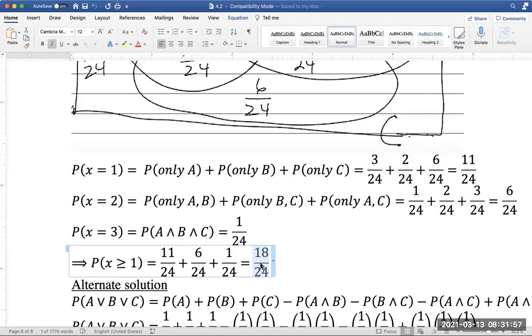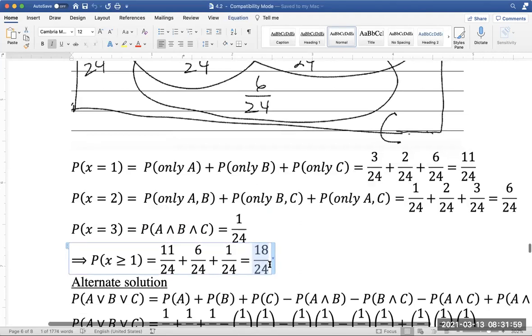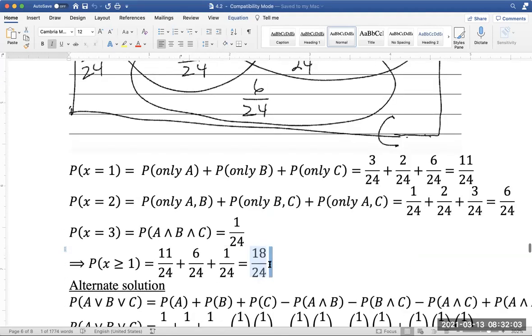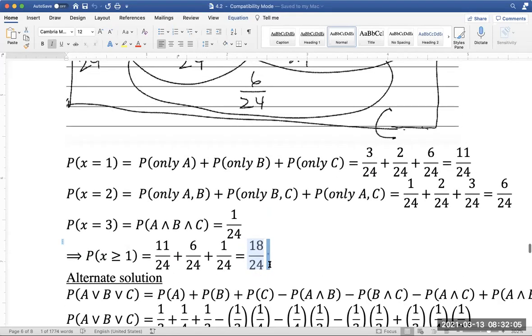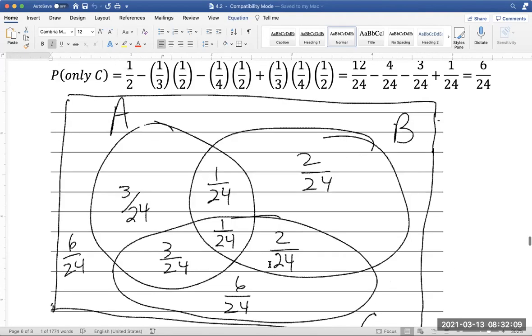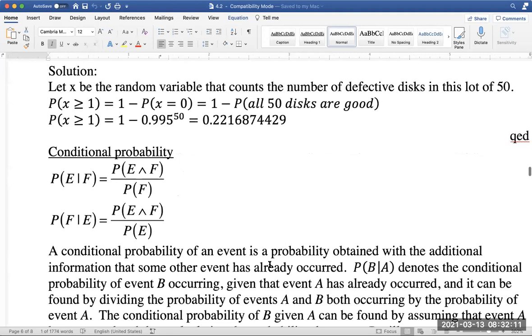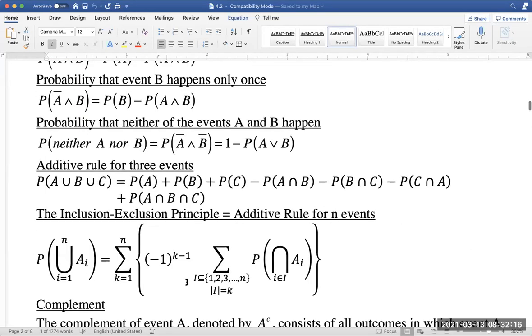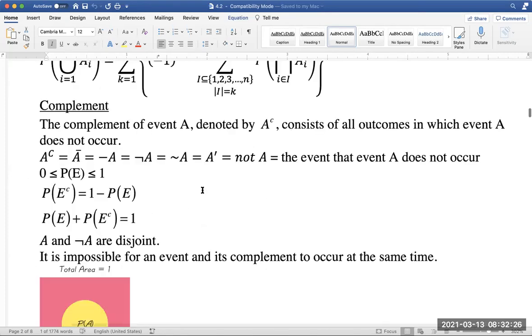Okay, good. So an alternative solution could be to use the inclusion-exclusion principle from last week.